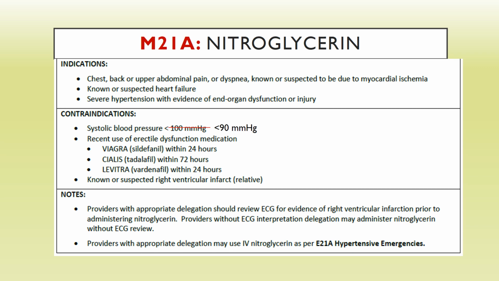However, please be aware that for all cases where nitro can be given, so for congestive heart failure, as well as what we've just talked about here for ACS, the minimum pressure at which you can administer nitro is 90 millimeters mercury, across all cases where you give nitro now.